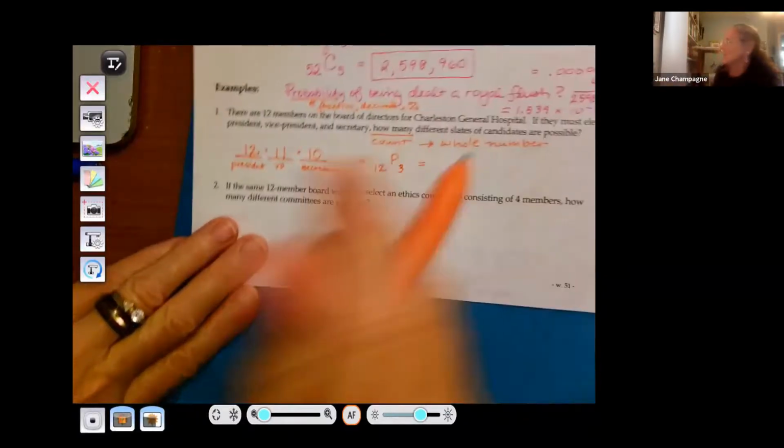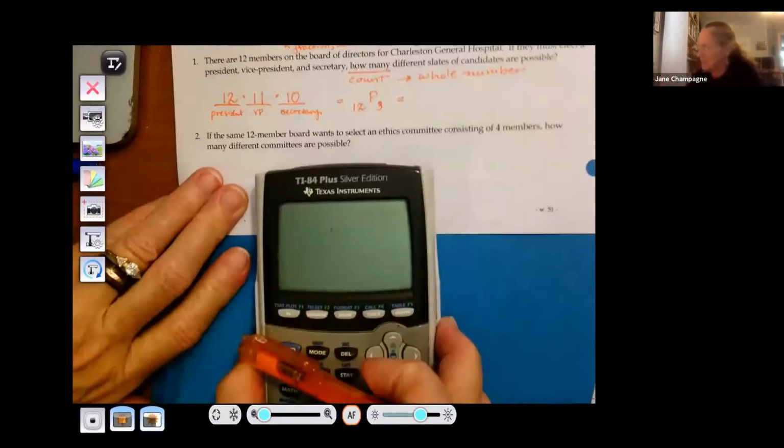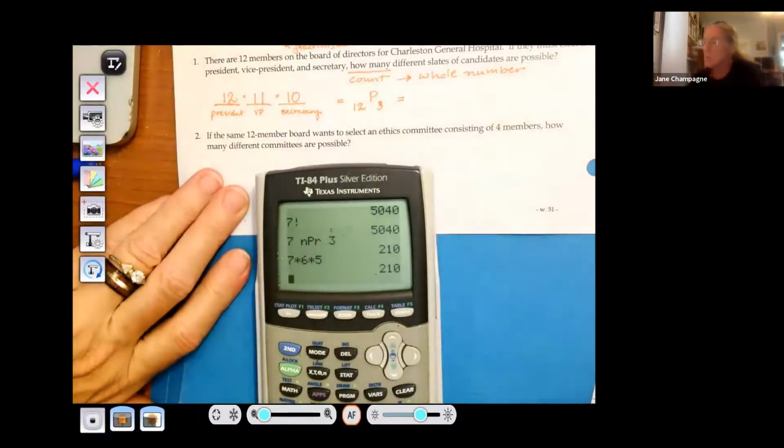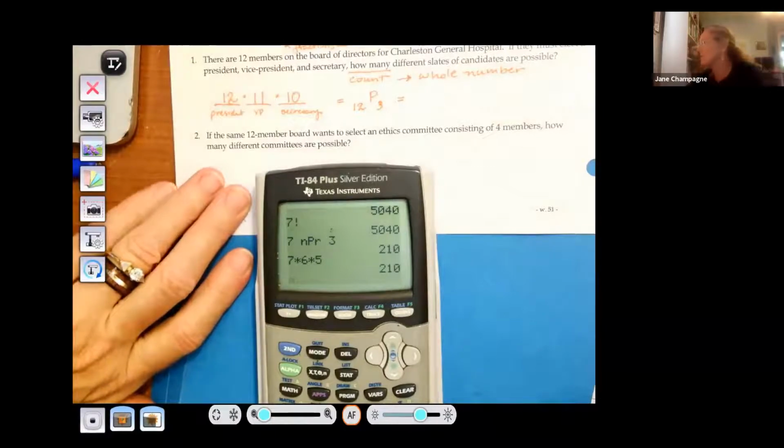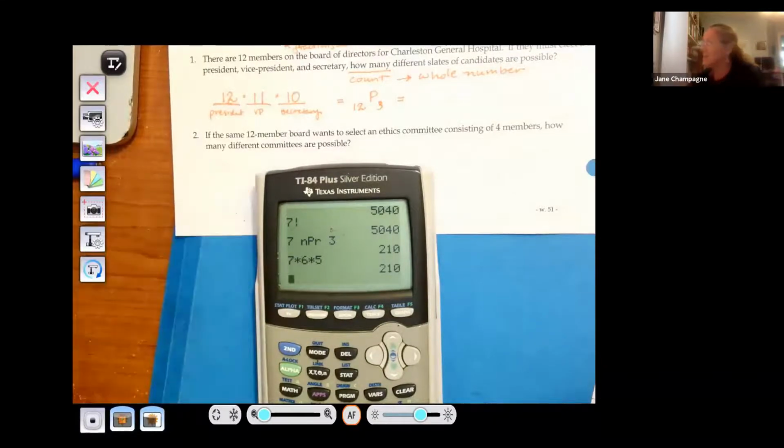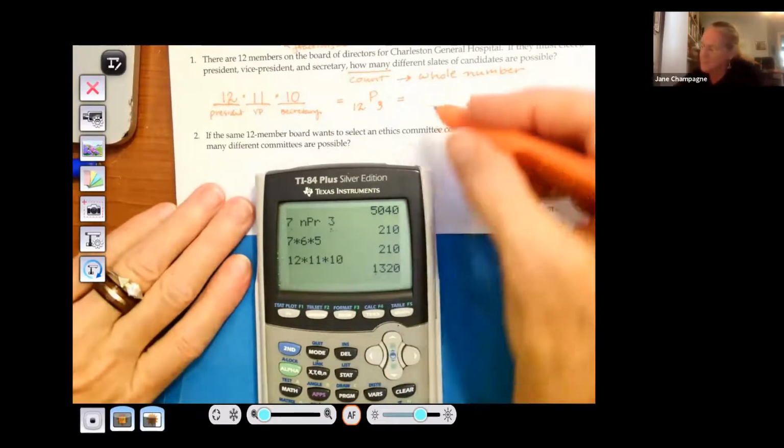So these permutations you can actually do 2 ways. You can do them with the fundamental counting rule or with the nPr. The combinations you have to use nCr, so be careful about that. 12 times 11 times 10 is 1320.